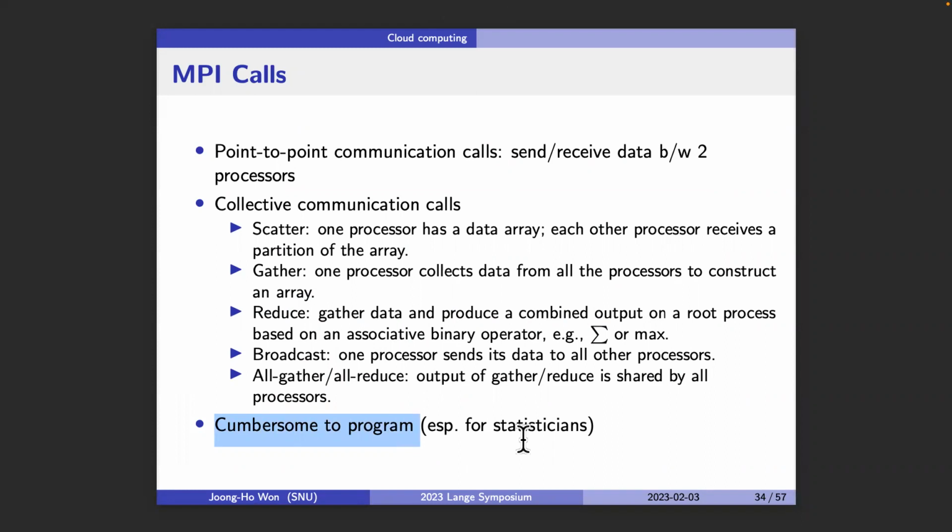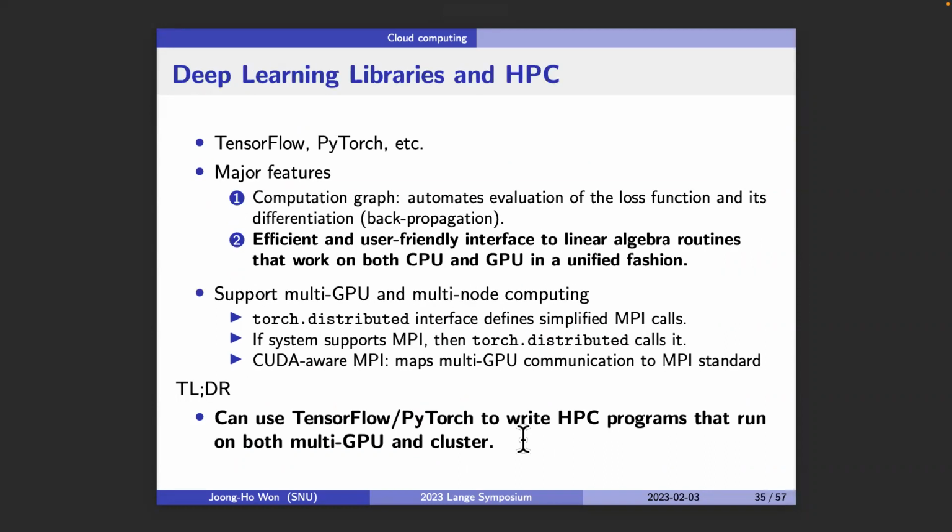not software engineers. Yeah. So I looked into the deep learning libraries, which became very popular back then. By libraries, I mean TensorFlow or PyTorch. And these libraries are equipped with two major features.